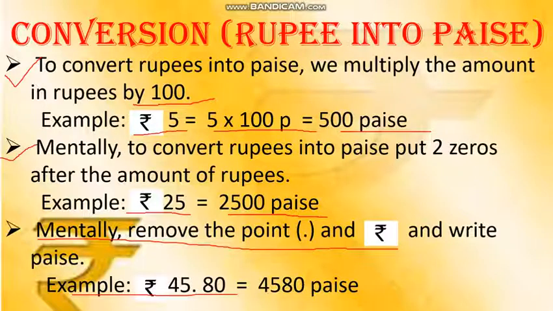How can we convert this amount into paise? See, rupee 45.80 equals 4580 paise. Here we remove the symbol of rupee and this point to convert this amount into paise.